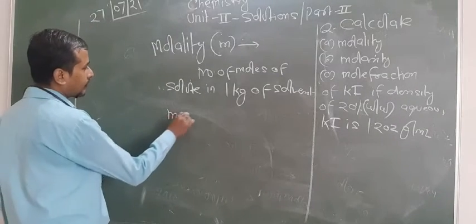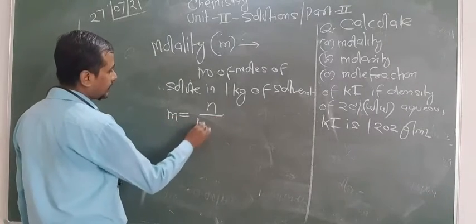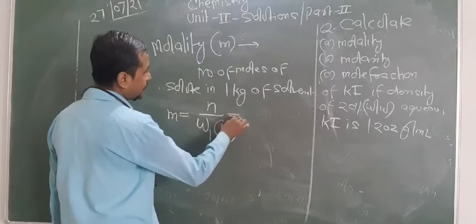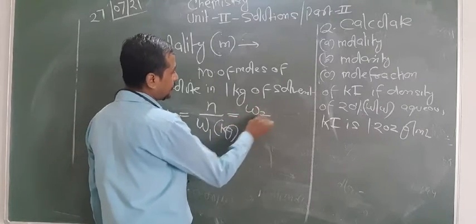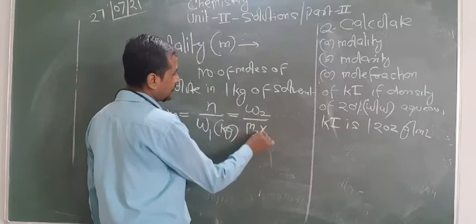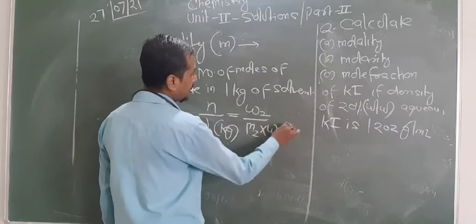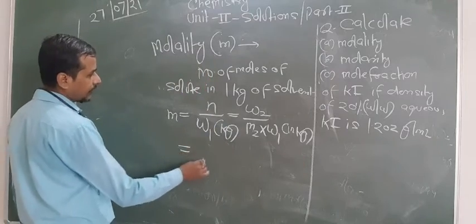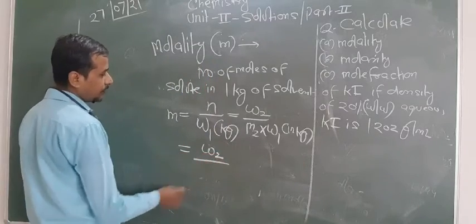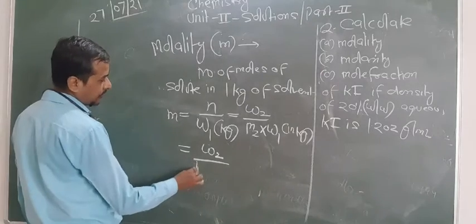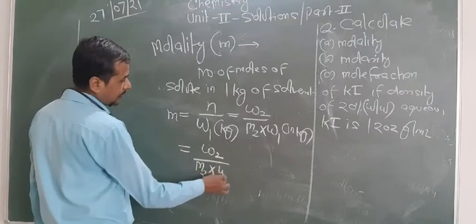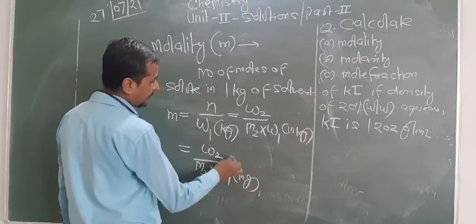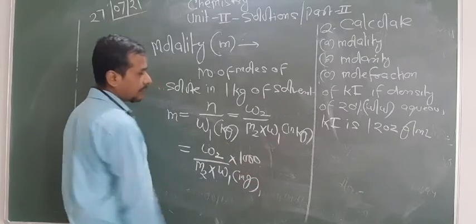So now molality equals how much? N by weight of solvent, W1 in kg. This can be expanded like this also: W2 by M2 into W1 in kg. But in case of gram, you can write it like this: weight W2 of solute, molar mass of solute, W1 weight of solvent in gram, and multiply by 1000.